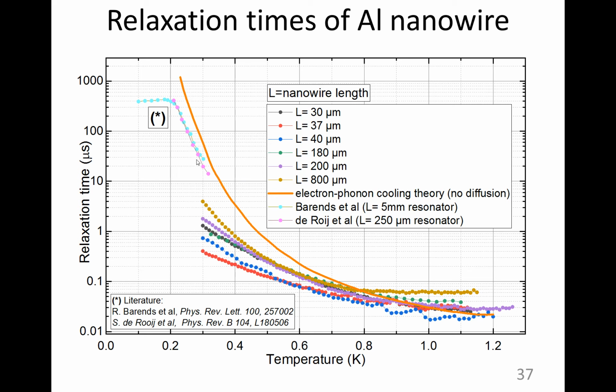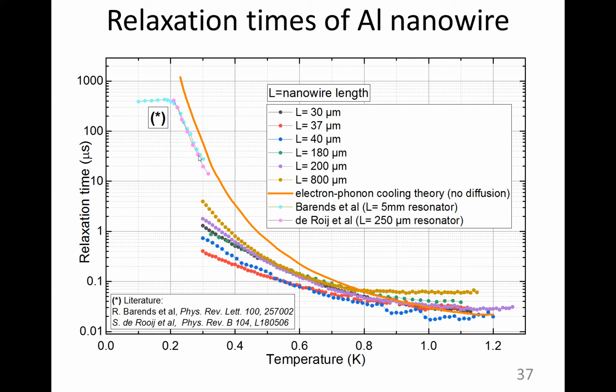They tend to be rather slower, but this can be due to several things, and the simplest explanation is the fact that they tend to measure it in superconducting resonators, and these resonators were decoupled thermally and galvanically from the feed line.